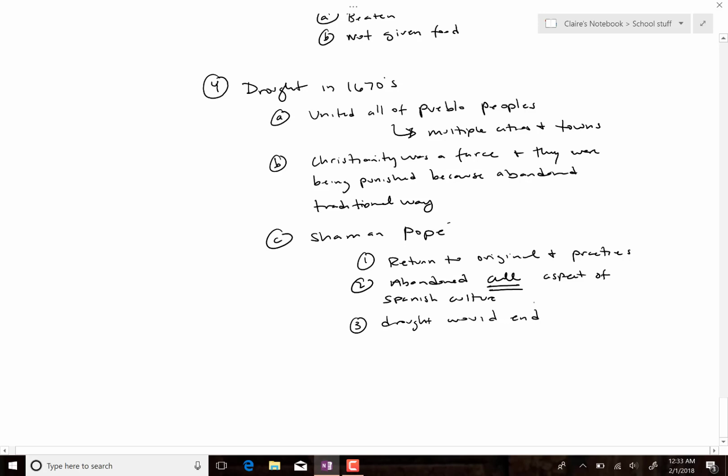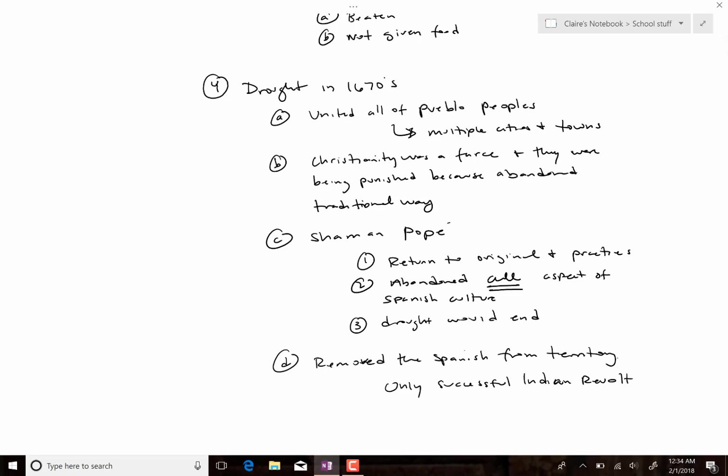Ultimately, they were encouraged to do so, and they successfully removed the Spanish from their territory. And again here, this was the only successful Indian revolt that lasted for a while. It was 12 years. 12 years, no Spanish.